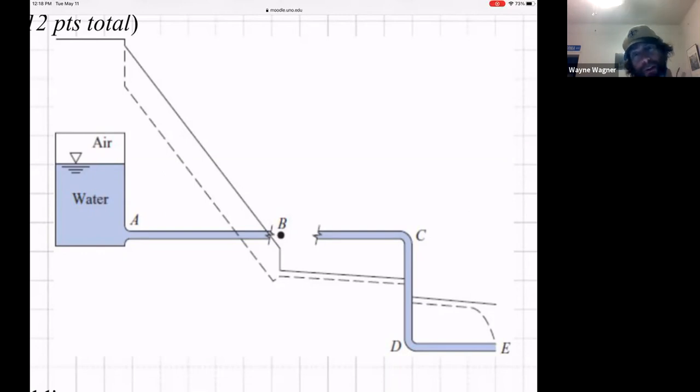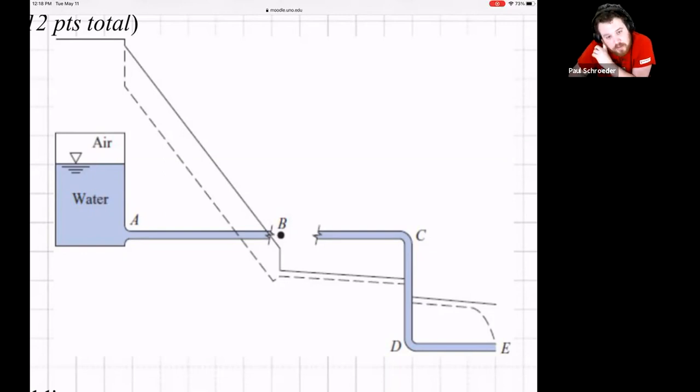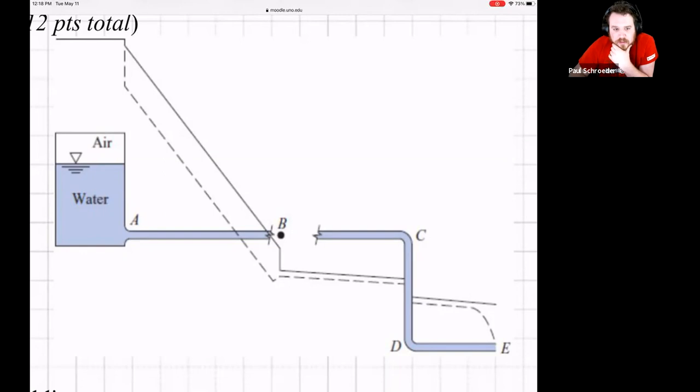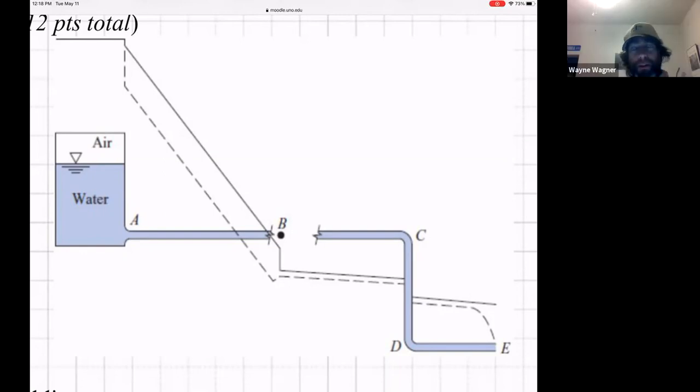So V squared on 2g is doing what? Getting bigger or smaller? Bigger. So that means the flow is accelerating. So if it's accelerating, what do we likely have? Oh, then it's probably like a nozzle. Yeah, it's a contraction or a nozzle or something along those lines. It's getting smaller.